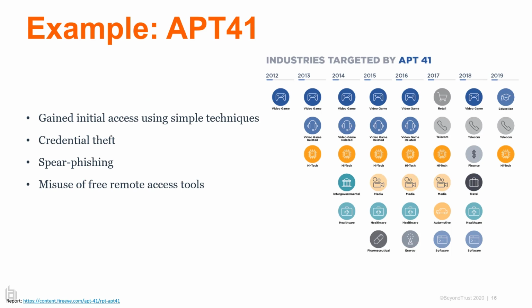A recent example is APT41, a suspected Chinese group dating back to 2012 that used remote access tools to steal credentials and gain access to organizations. FireEye reported that in March of this year, APT41 used a central management tool to gain access and move around the organization. Fortunately, this was patched rather quickly once a vulnerability was discovered.